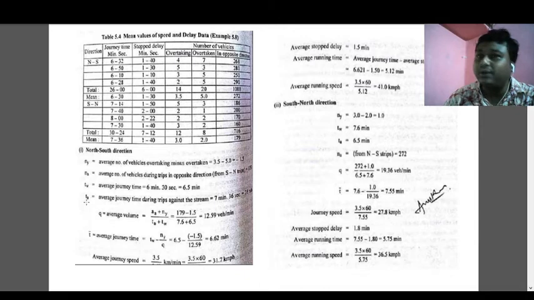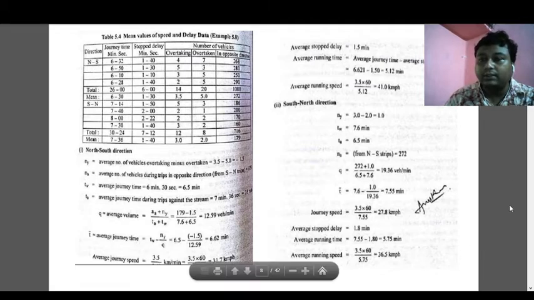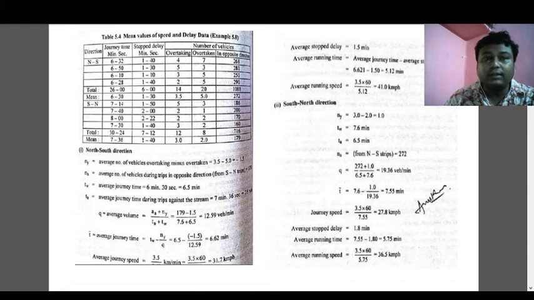The rest of the points are very easy, but here, the average number of vehicles during the trips in the opposite direction means: if the vehicles are moving in the north south direction, we have to take the Na value for the vehicles moving in the south north direction, because we want the number of vehicles in the opposite direction.